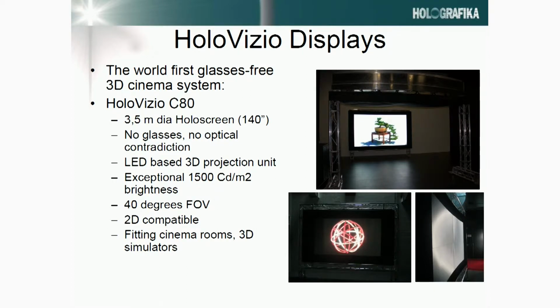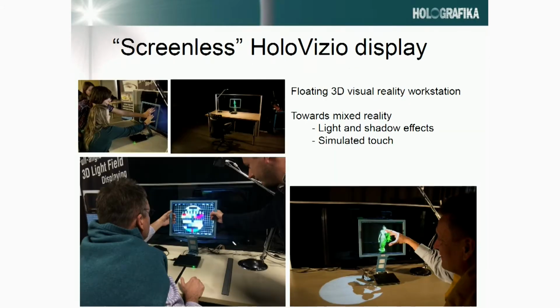It also features LED-based color, and it's very, very bright. I think it's brighter than the cinema that you can go to, I mean, the regular 2D or stereoscopic cinema. Okay, this is for light scale simulation and for cinematography.